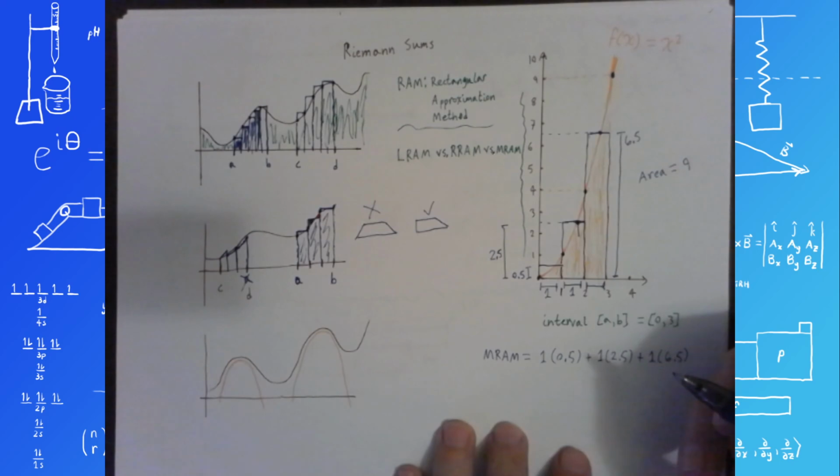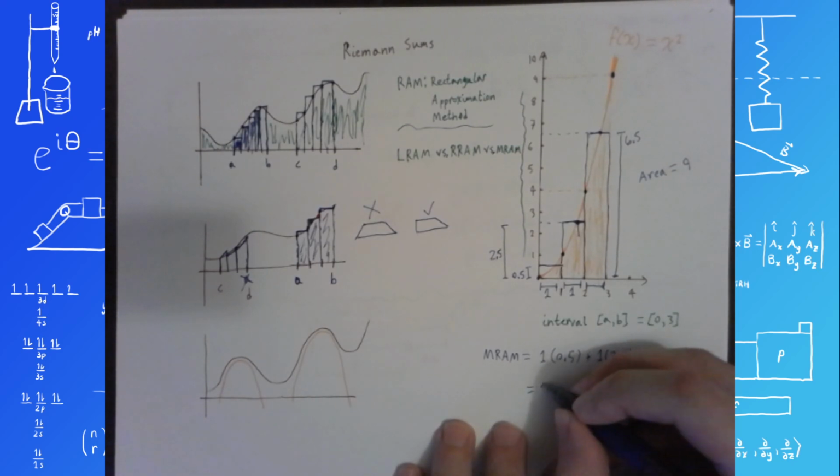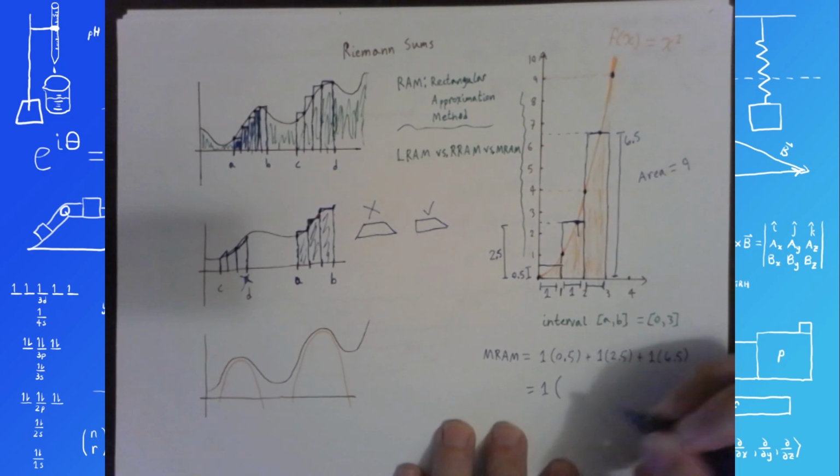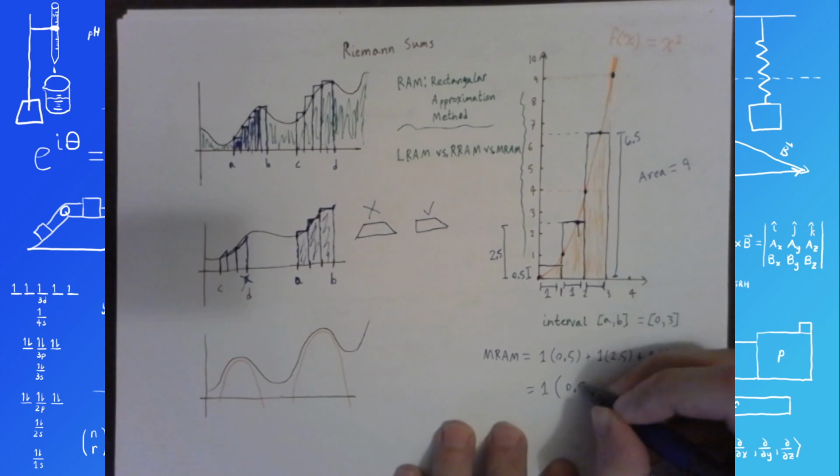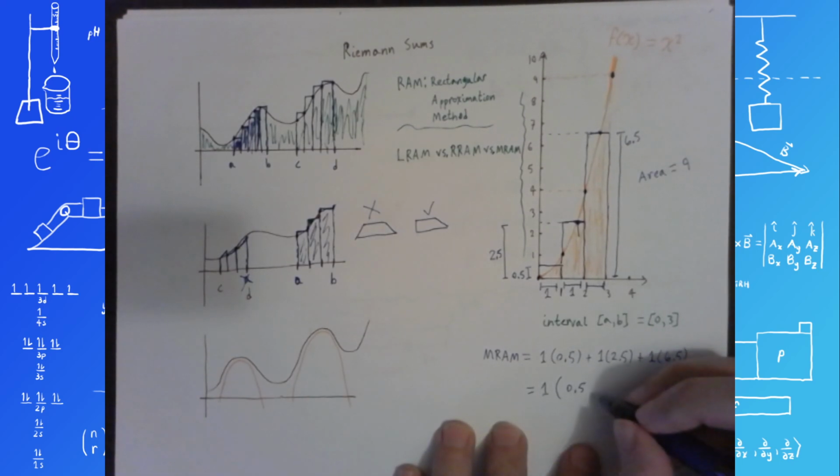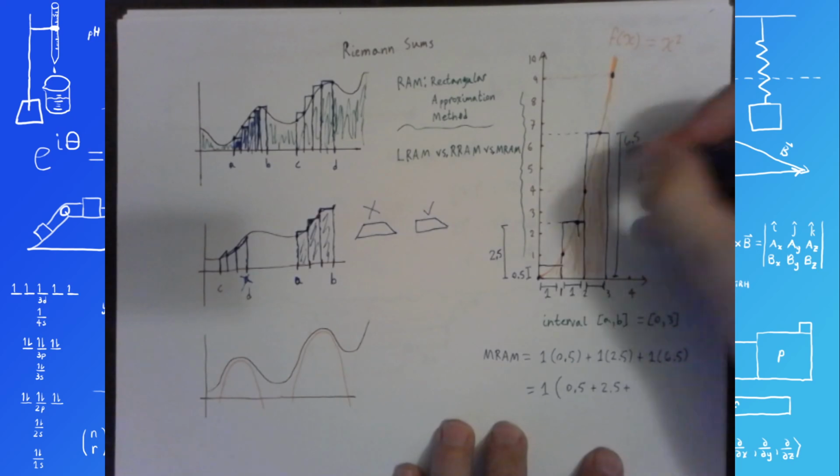So I'm going to just go ahead and write the 1 factored out, even though it does seem kind of silly to do it when it's just a 1. And add the sums of the heights.